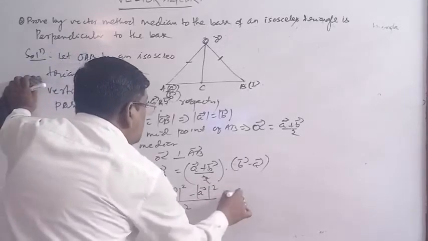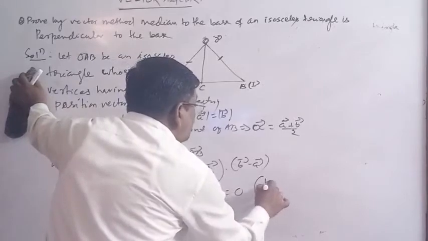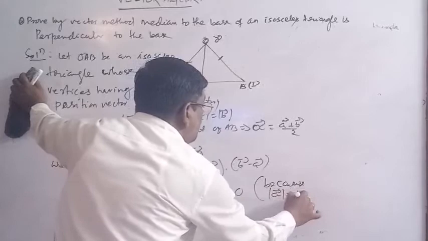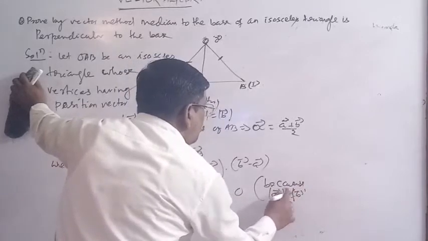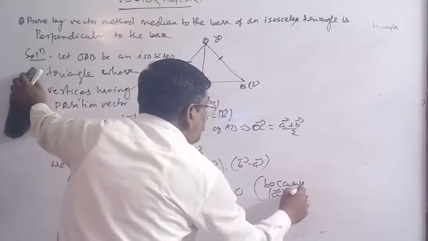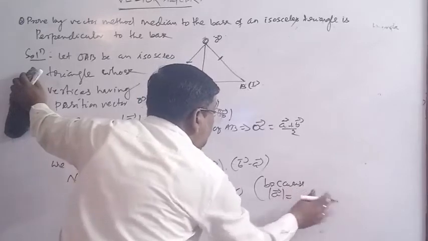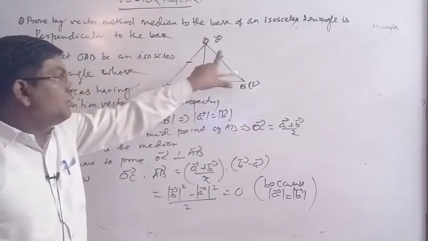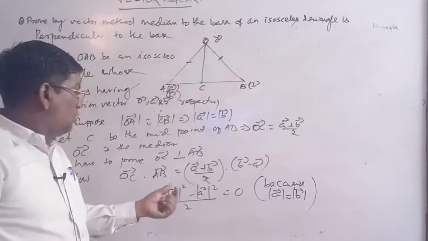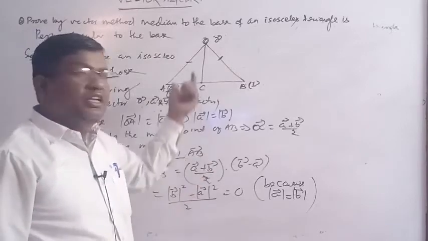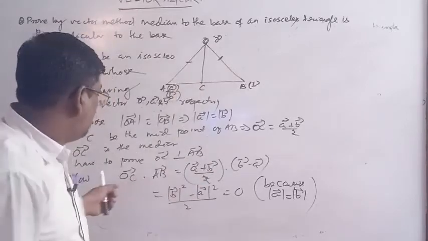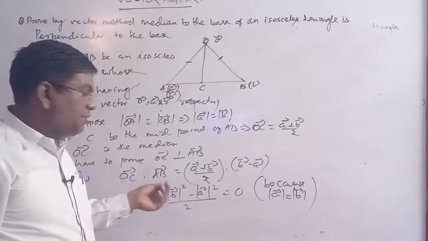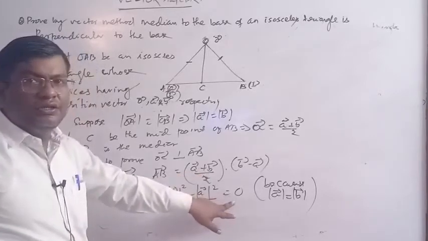So this is equal to 0 because magnitude of A is equal to magnitude of B. Clear? Magnitude of A is equal to magnitude of B because this side is equal to this side. Clear? So we find OC dot AB is equal to 0 here.